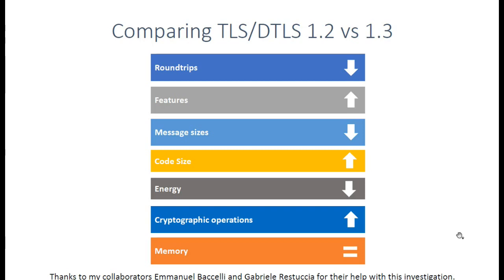It also added post-handshake authentication messages. The message size in general got reduced. The code size was slightly increased. This was due to the new key derivation function. The energy consumption went down, and as I mentioned, the cryptographic operations went up due to this new key hierarchy. The memory utilization, RAM usage, roughly stayed the same.